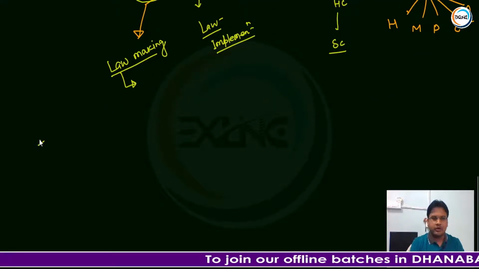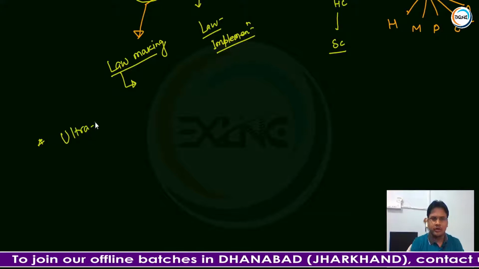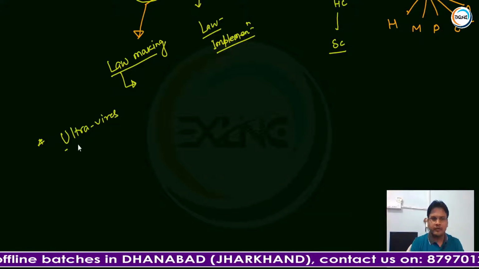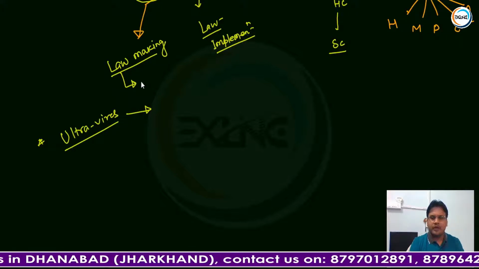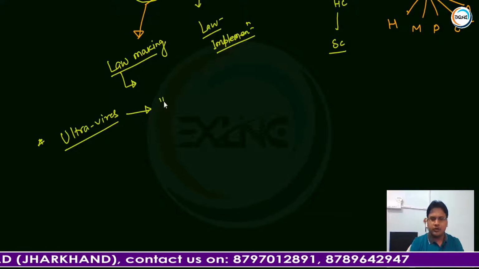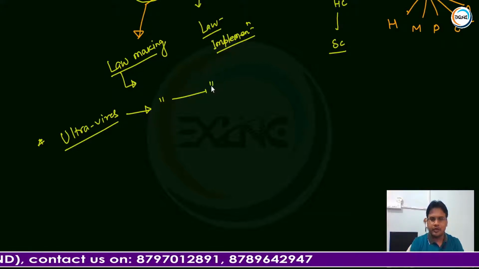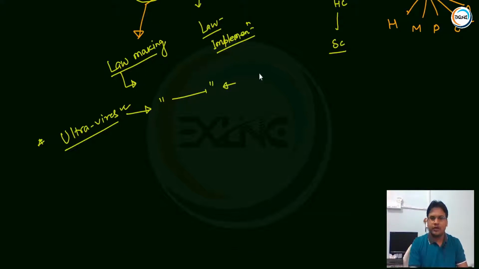One term you should also remember, which is frequently used, is ultra vires. What do you mean by ultra vires? Whenever a law is made by the legislature, यदि वो constitutional provisions के बाहर है, then it is called ultra vires. मतलब constitution के against है, that is called ultra vires. जब भी ultra vires होगा, then judiciary उसको क्या declare करेगा?